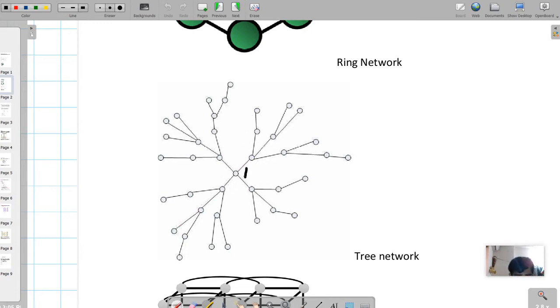Say this is root. And for the time being, this node A and this node B are making communication among themselves. So their communication path is going to be something like this.